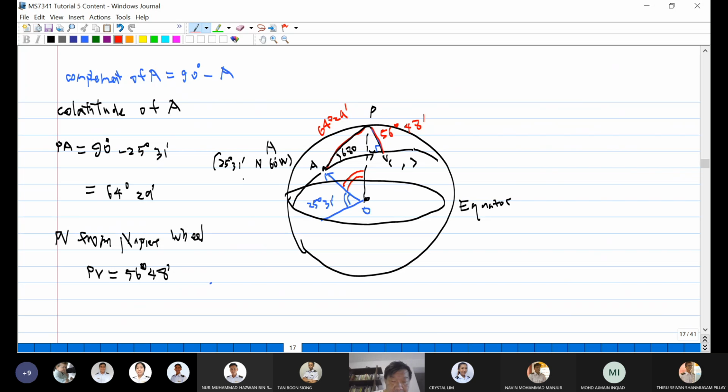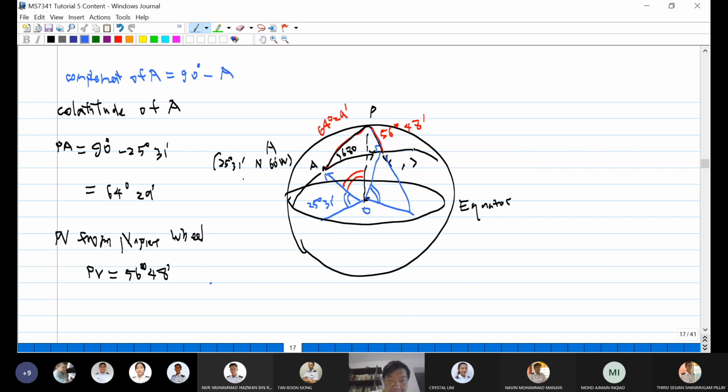So what is the latitude of V now? You can see that you can join O to V, so great circle. Where is this angle now?